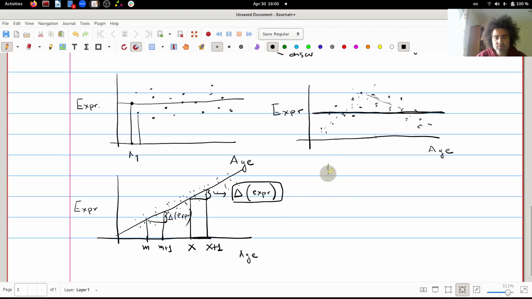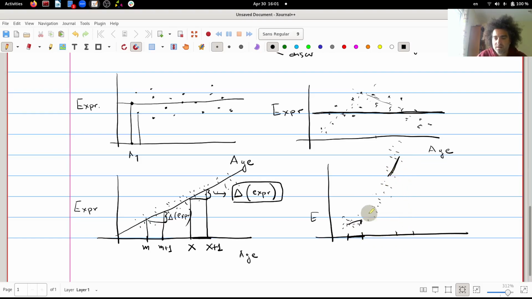Now obviously this is not correct if the data would change like that. For example, if we increase the age by 1 unit here, then the expression level will change by a tiny amount, but here if we increase the age by 1 unit, then the expression level will change by a large amount.